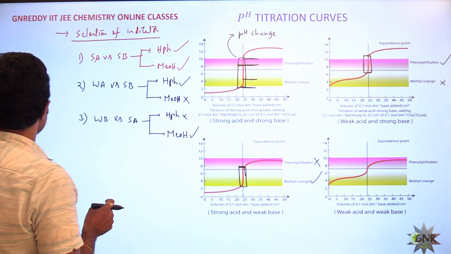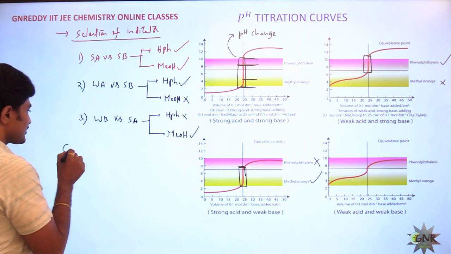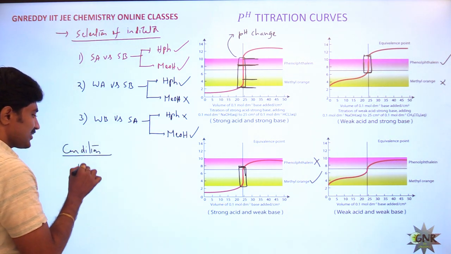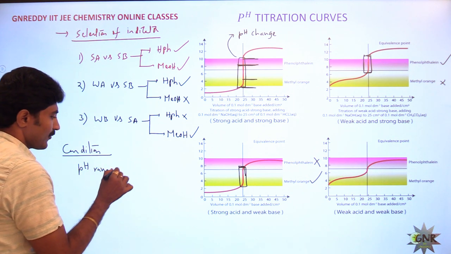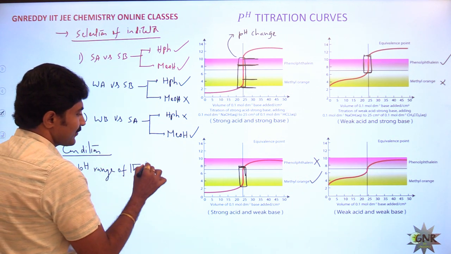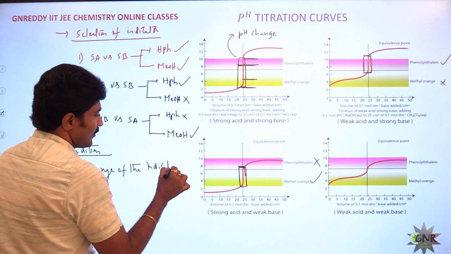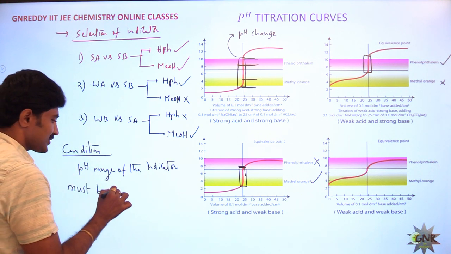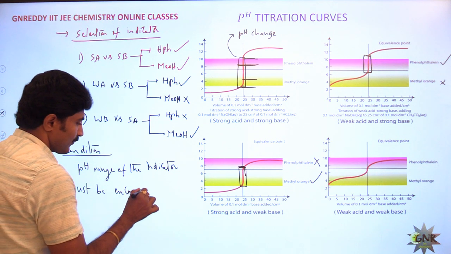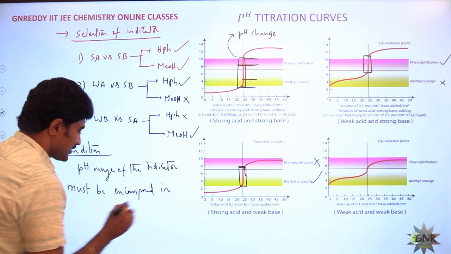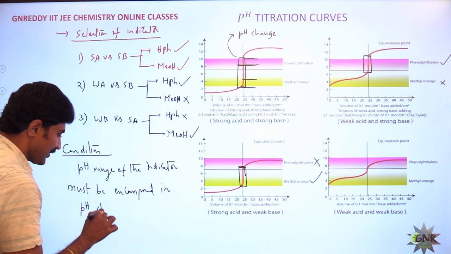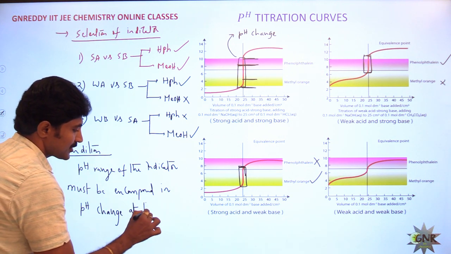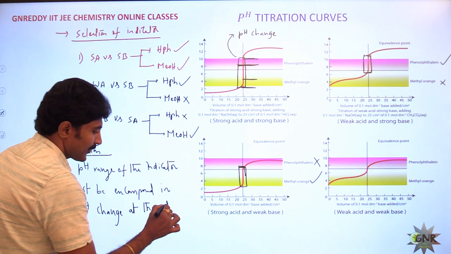That is the condition of selection of the indicator: the pH range of the indicator must be encompassed in the pH change at the end point during the titration.